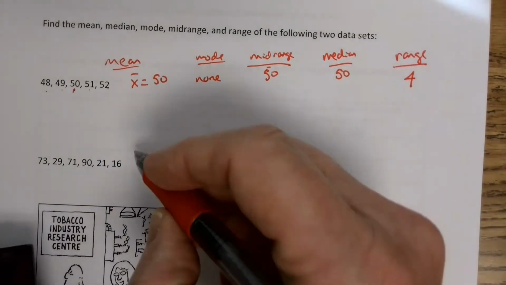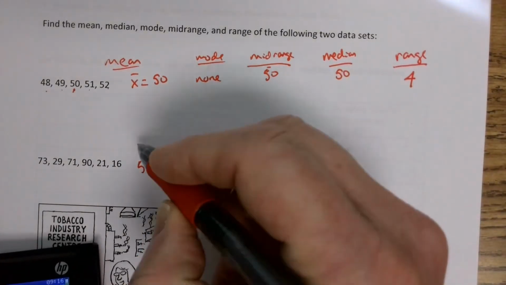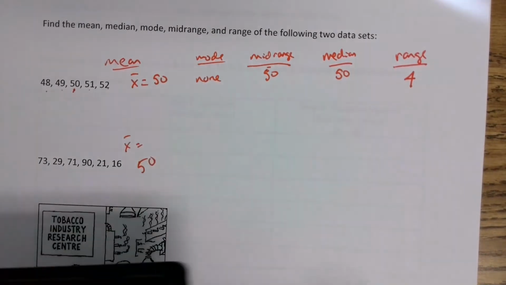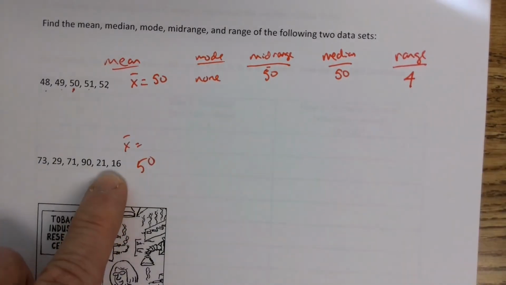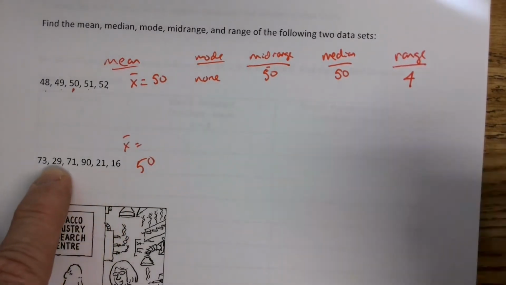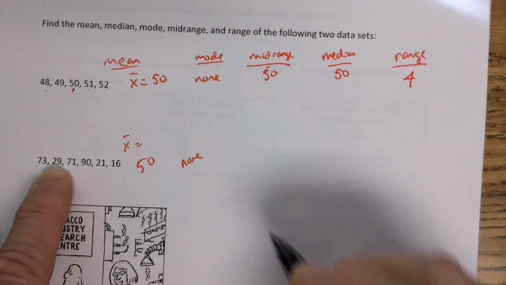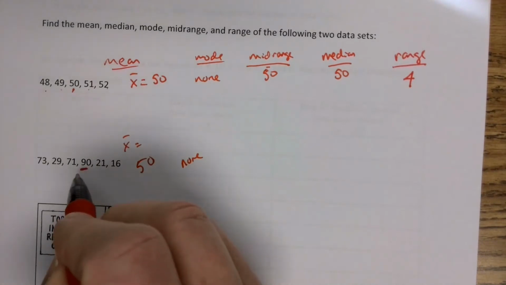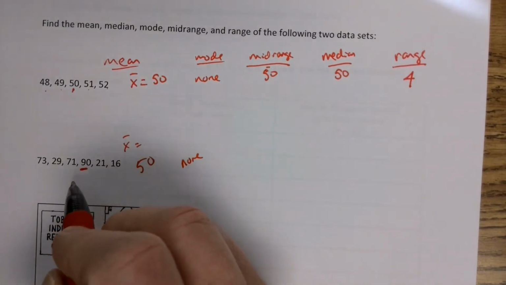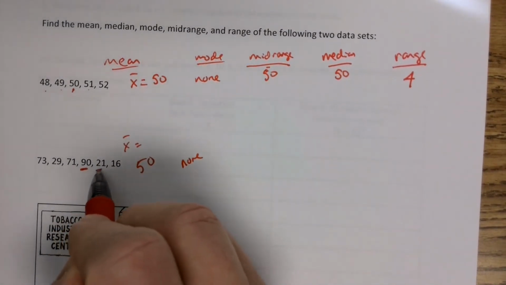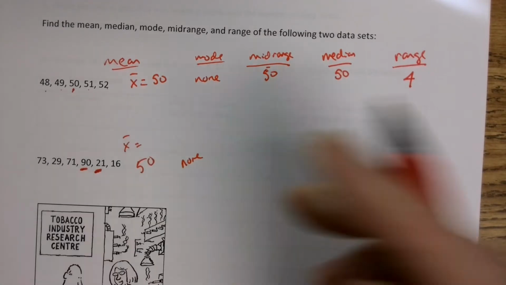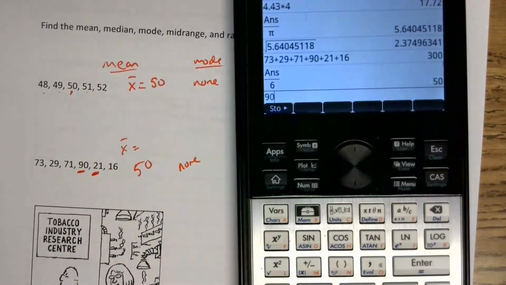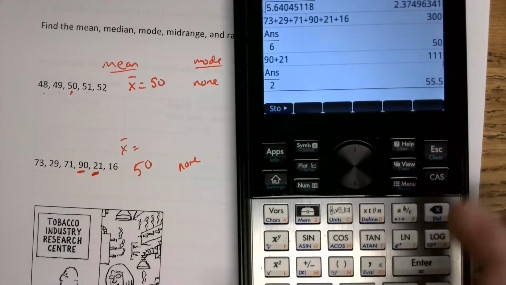So the mean here is 50. The mode: does anything repeat? None. Mid-range: here's the max, and there's the min. So 90 plus 21 divided by 2, 55.5.